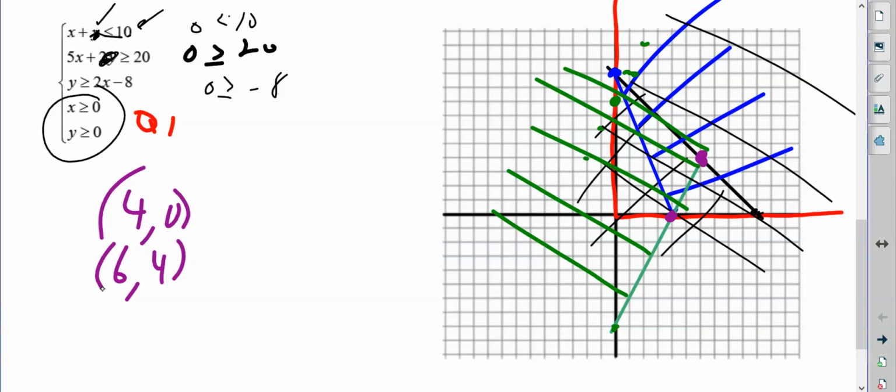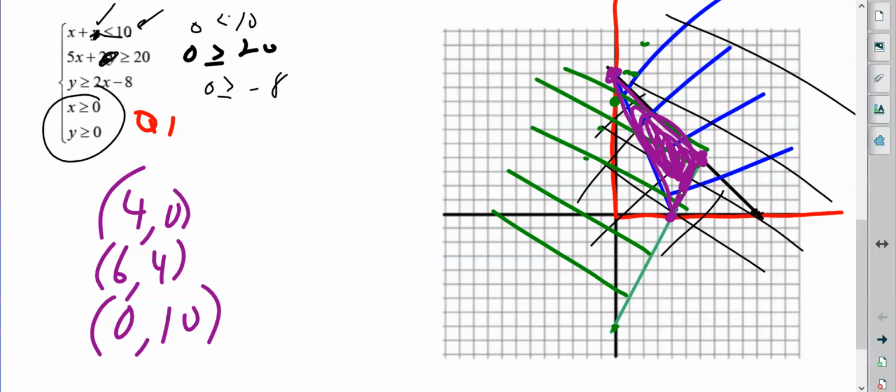And then the black line and the blue line both meet up here at 0, 10. So what we have is this triangular piece right here. That's the area.